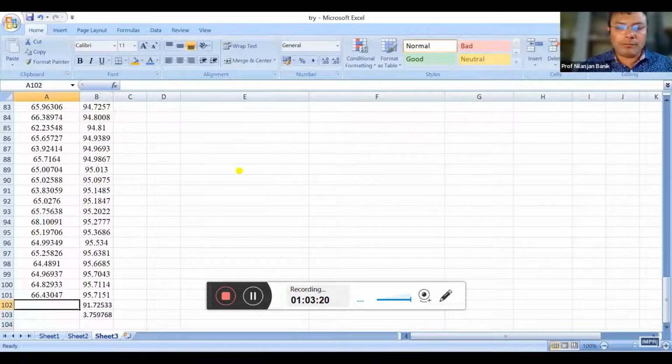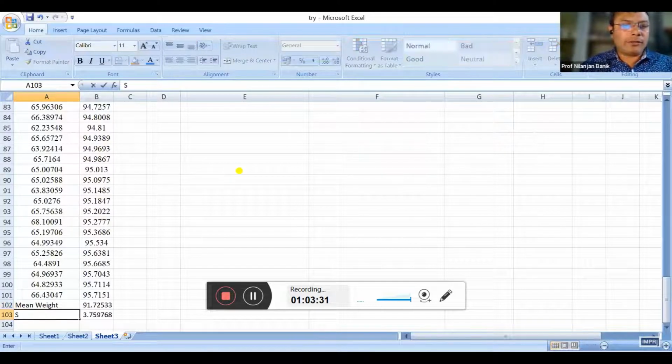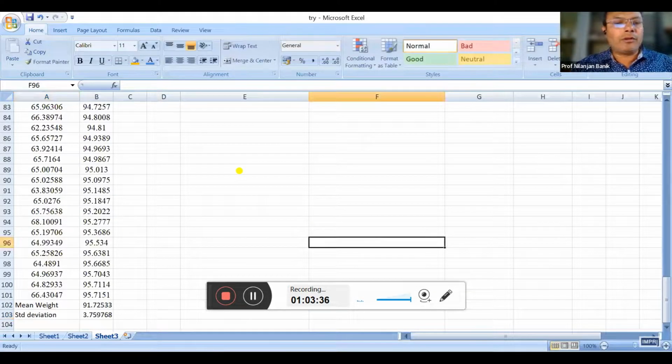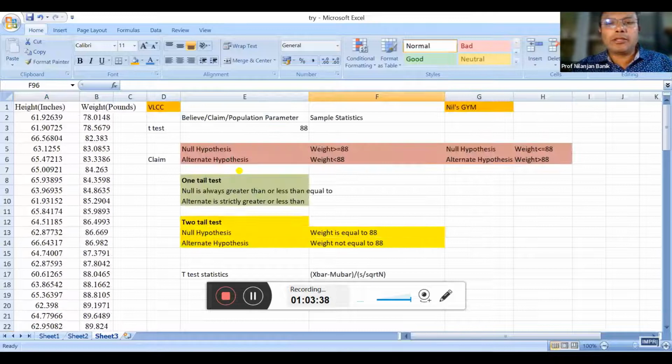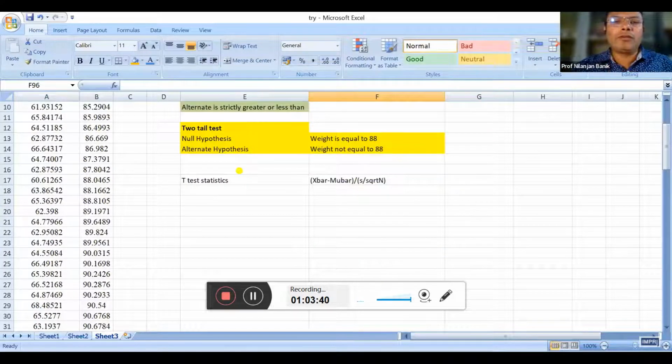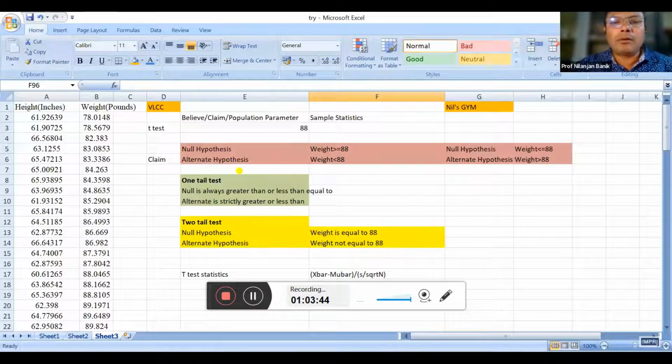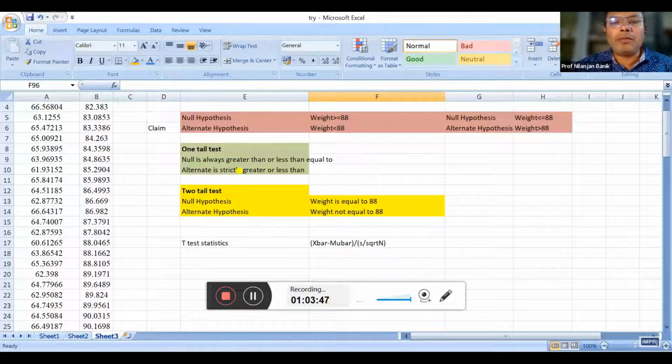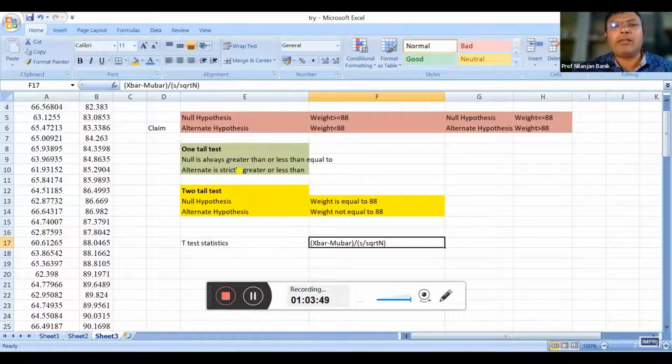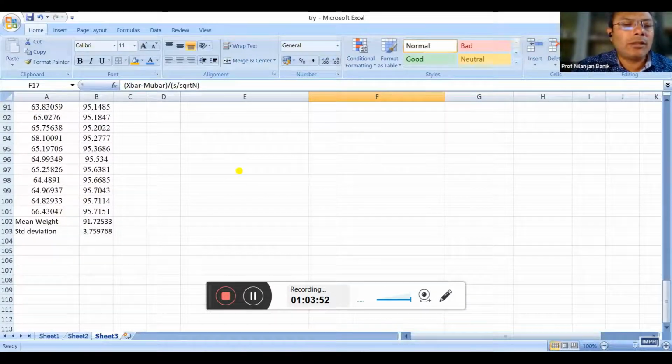So this is my mean width. And this is the standard deviation. So this is what I've got. And let's see. So now all you have to do is to plug and chug. What is mu bar? Mu bar is the population. So this is 88. So what I'm getting is 91.